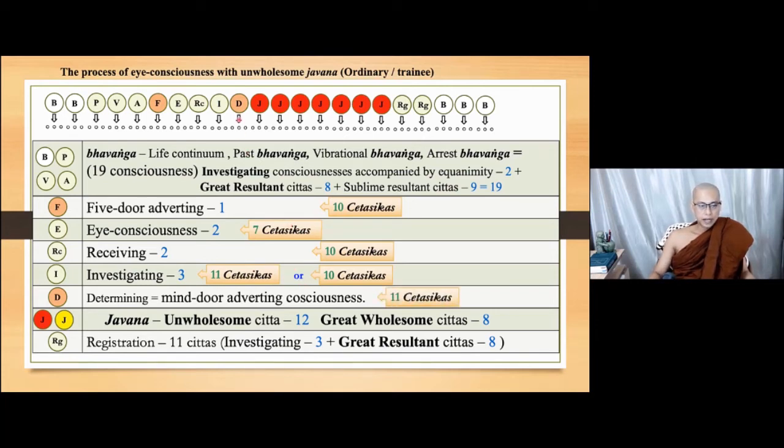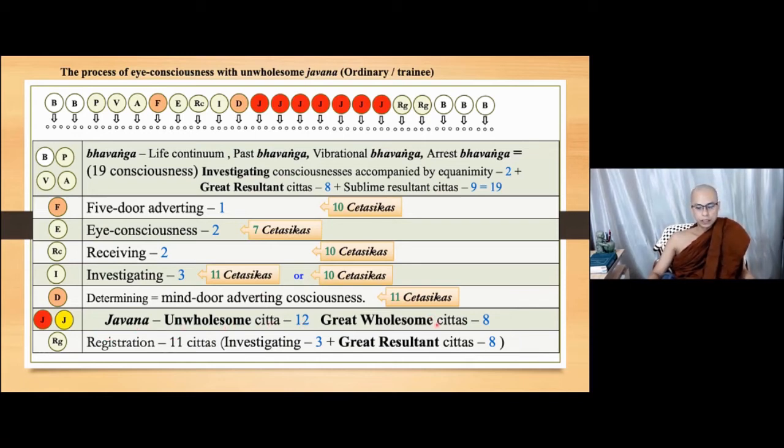Then for the determining moment, 11 Chittasika arise, except Chanda and Piti, because the determining consciousness, that refers to the mind-door adverting consciousness, is accompanied by equanimity. So only 11. Then Javana: although here the unwholesome Javana is mentioned, if we replace it with wholesome Javana, it is also not much different. In the Javana moment, it can be wholesome or unwholesome.